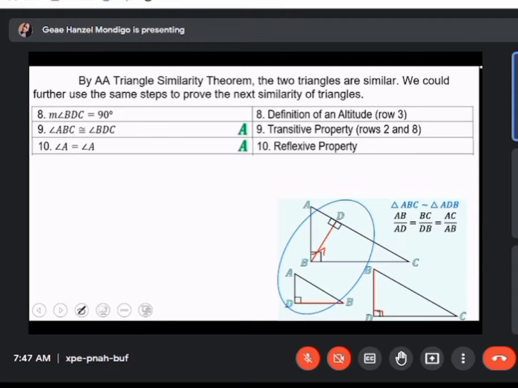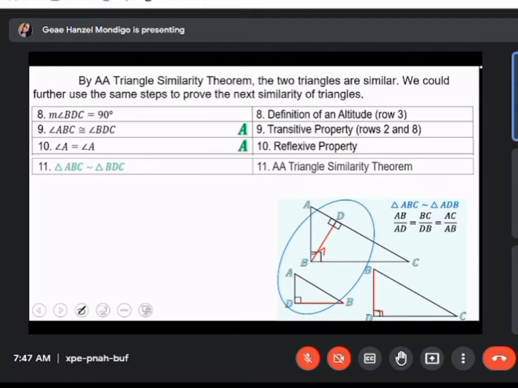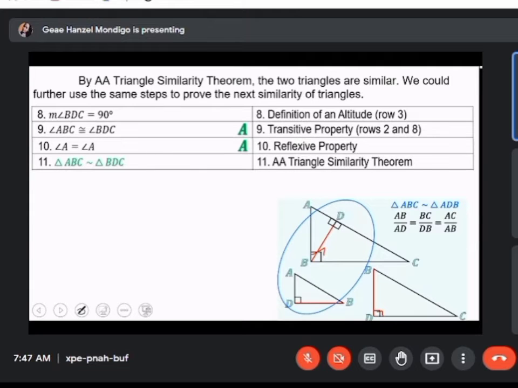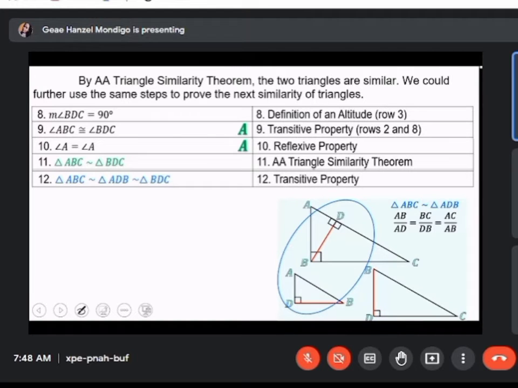And our angle A is just equal to our angle A, according to the reflexive property. Then our triangle ABC is similar to our triangle BDC. Therefore, our original triangle is similar to our largest triangle. So at this moment, we prove that all our triangles are similar, according to the transitive property.